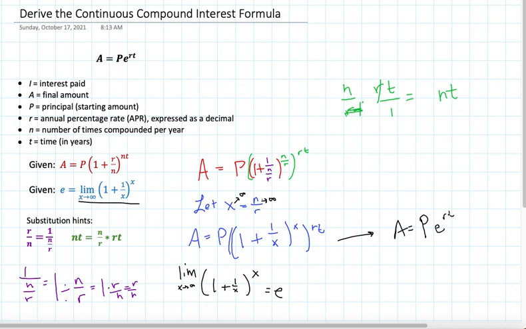After replacing this inside part with Euler's number, this looks exactly like the continuous compound interest formula. Just remember that the whole reason we can use e is because of this definition here, and because x is going to infinity, because n is going to infinity, because we're compounding continuously. That should do it.